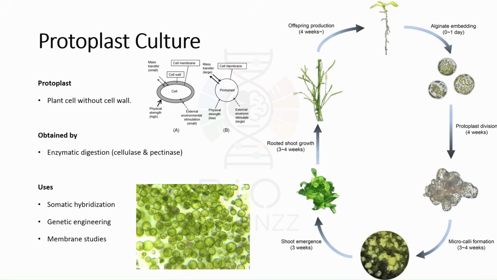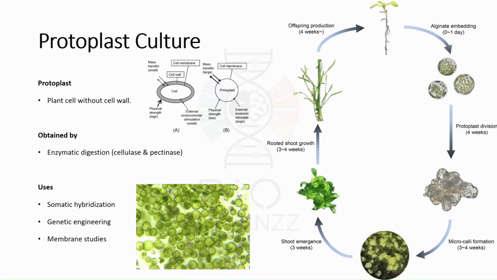A protoplast is defined as a plant cell whose cell wall has been completely removed, leaving only the plasma membrane surrounding the cytoplasm. Protoplasts are usually obtained by treating plant tissues with cell wall degrading enzymes such as cellulase and pectinase.